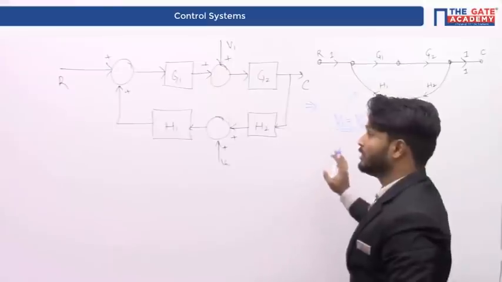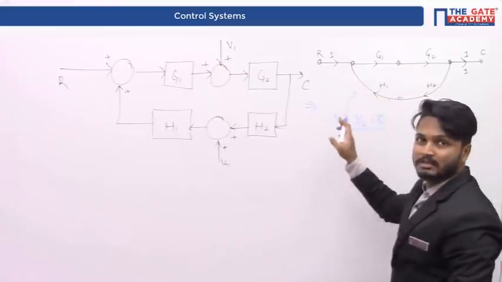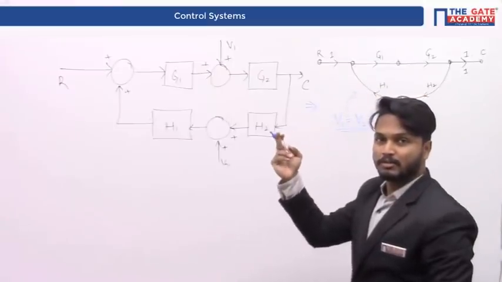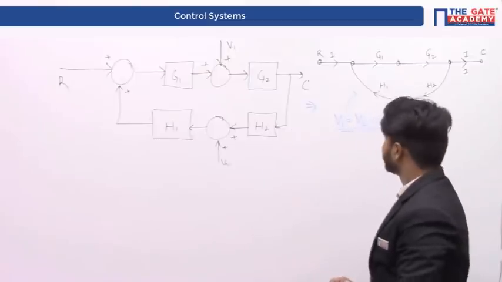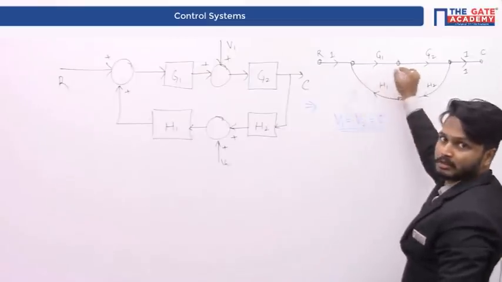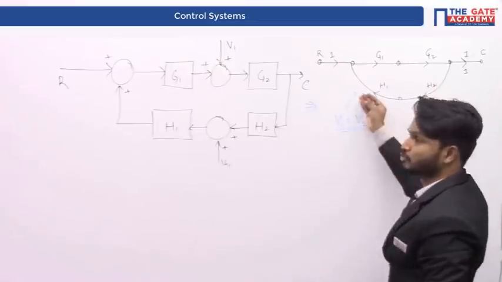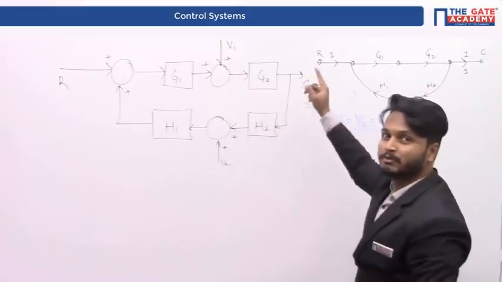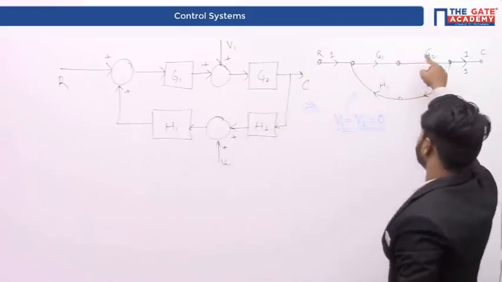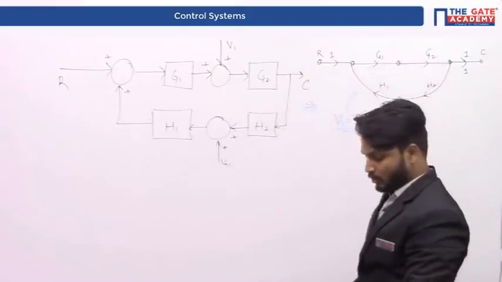This is the system. So how many forward paths are there in this particular system? There is only one forward path, that is this G1 G2 path. Right? How many feedback paths? One feedback path, H1 H2 path. Right? Therefore, how many loops will be there? Only one loop, G1 G2 H1 H2. Right?